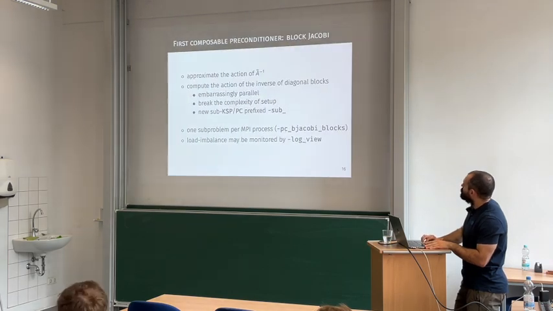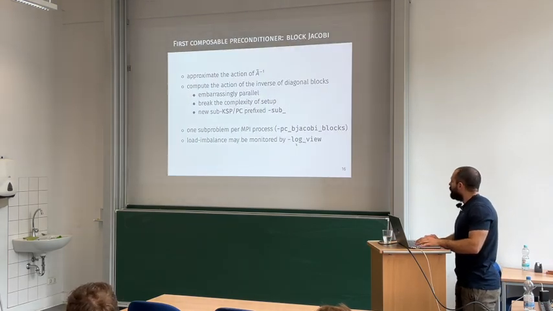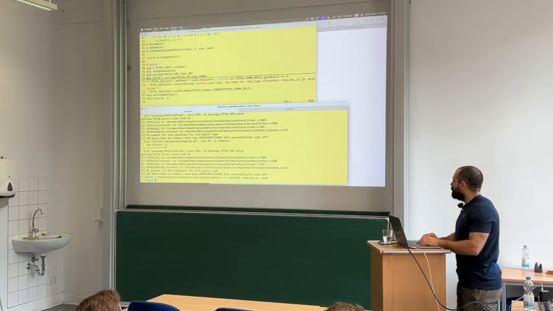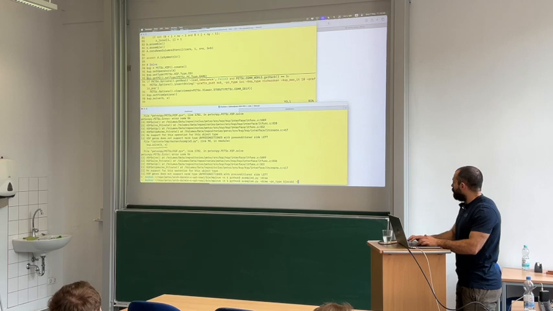Here, I will try the block-Jacobi method, and again we can prefix the option for the sub preconditioner using the sub prefix. So TAC, PC type block-Jacobi, sub PC type LU, for example, KSP converged reason.